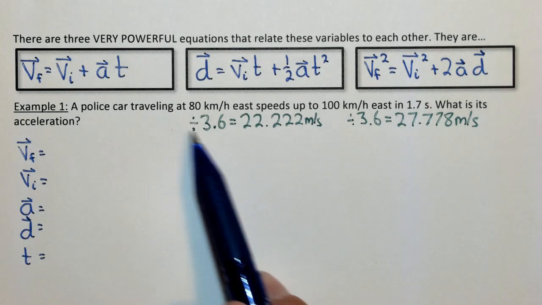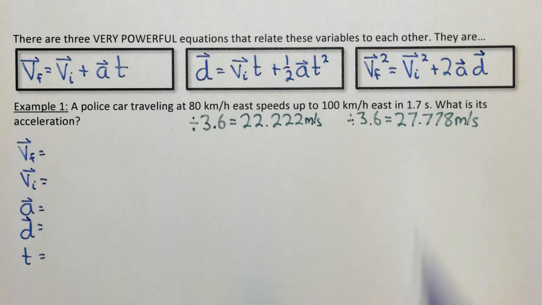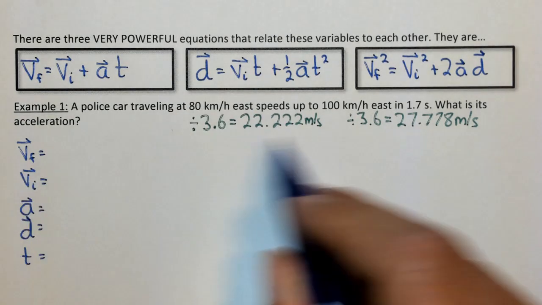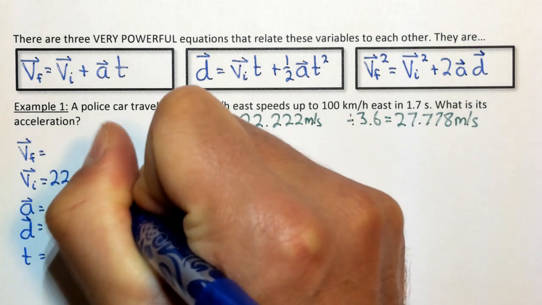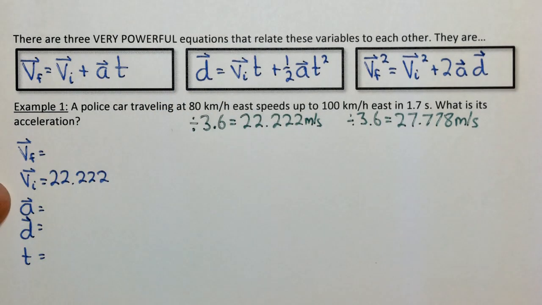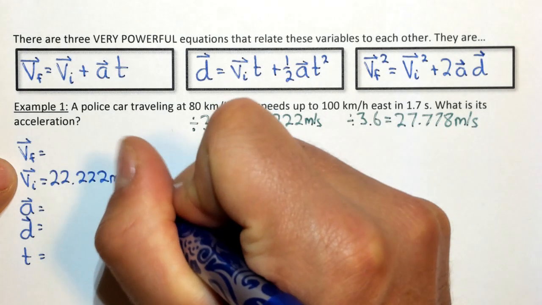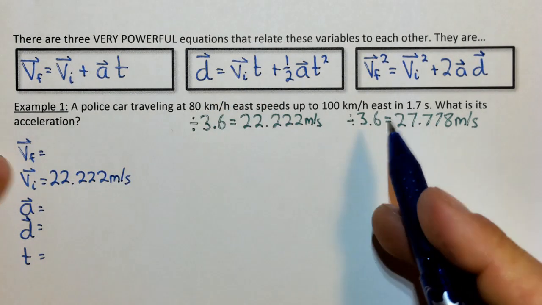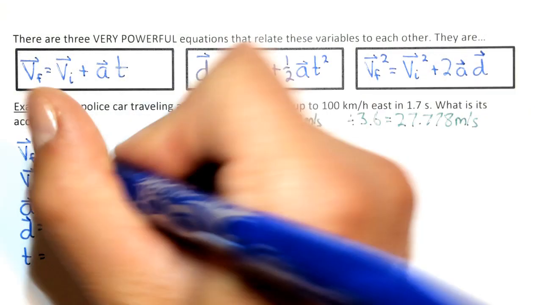The police car is traveling at 80, and then it speeds up to 100. So my initial speed is going to be the 80, or the 22.222. My final speed at the end of this acceleration is 100, or 27.778.